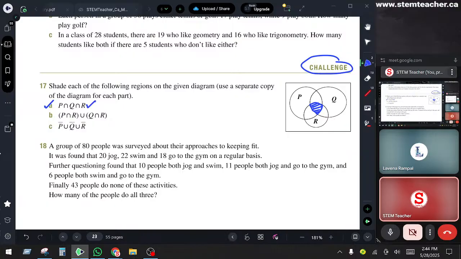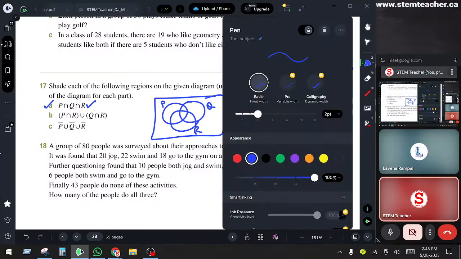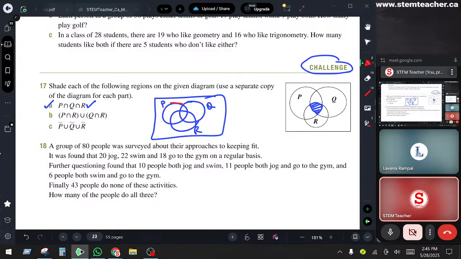Next, P intersection R union Q intersection R. I am drawing the image. This is P, this is Q, this is R. I am changing the pen. P intersection R is this.